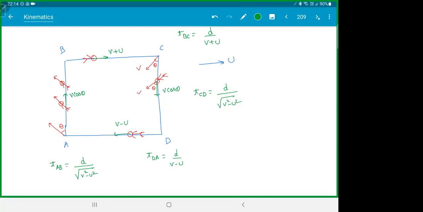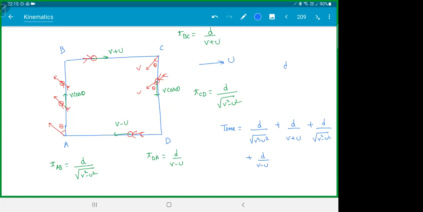Hope everyone did the same. So the total time will be D by root over V square minus U square plus D by V plus U plus D by root over V square minus U square plus D by V minus U. I will leave the numbers to you.